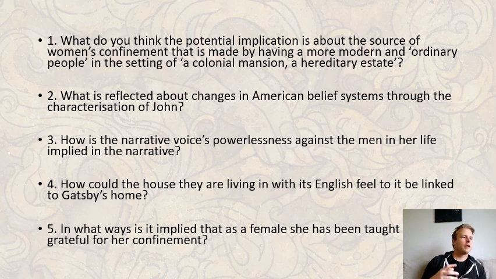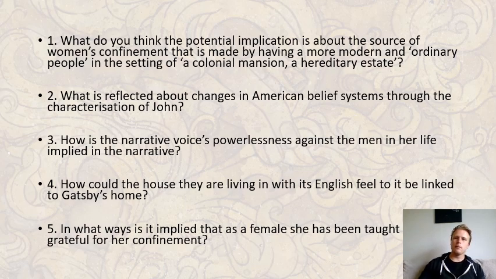Okay, so we want to start looking at the text itself. Now, you don't necessarily need more evidence for the first one, but it does what a lot of texts at the time do, in that it looks at the sources of patriarchal confinement. And here we've got the ordinary people, and they are taken to this setting that they wouldn't normally be part of necessarily, a colonial mansion, a hereditary estate.